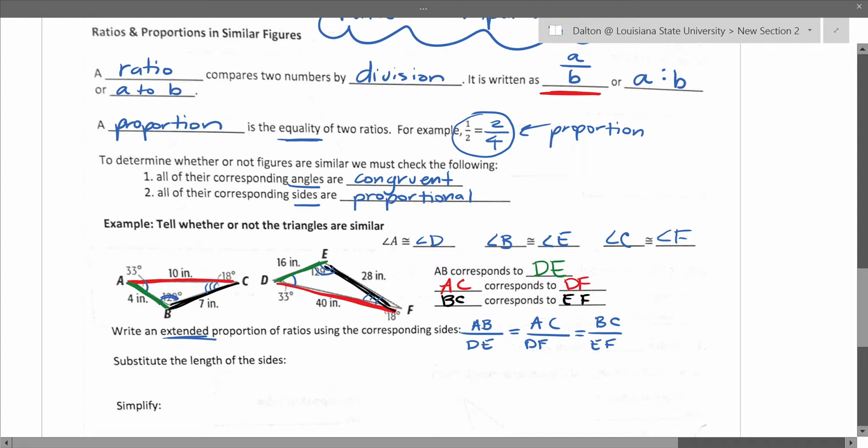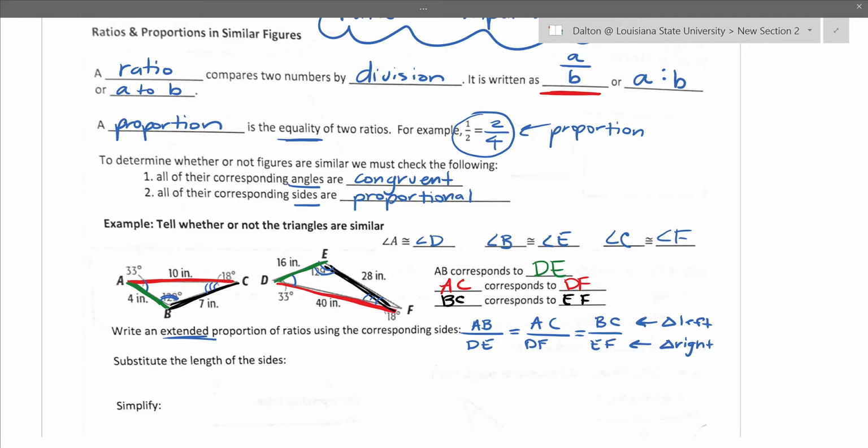Now notice when you write this proportion, all of the sides on top come from the triangle on the left, and all of them on the bottom come from the triangle on the right. So when you write a proportion, you can't mix up some of them from the left being in the numerator and some being in the denominator. It has to be consistent. Now, let's substitute the length of the sides.